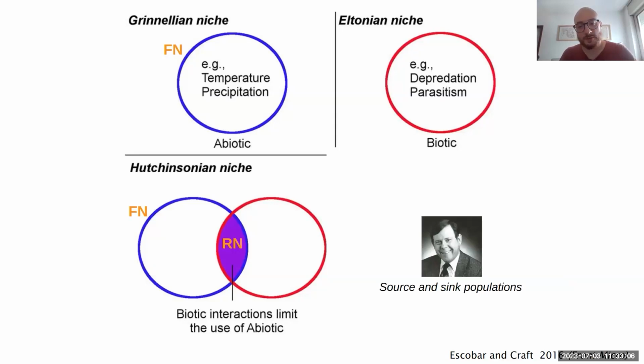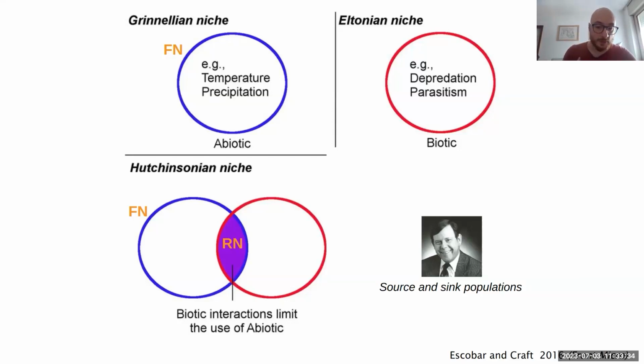And at the beginning of the 21st century, Pulliam provided a first definition of the source and sink populations, so defining that species might occur in areas that are unfavorable in terms of climatic or biotic conditions, but they can live there because they have a continuous influx of propagules, so of individuals, in those areas.